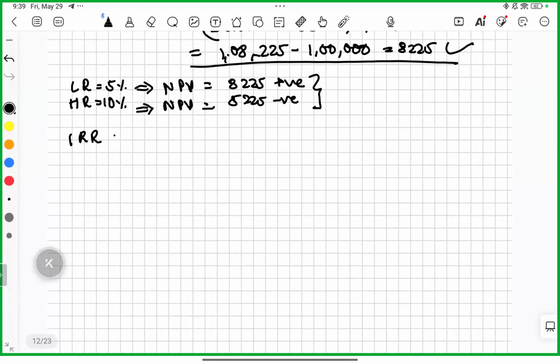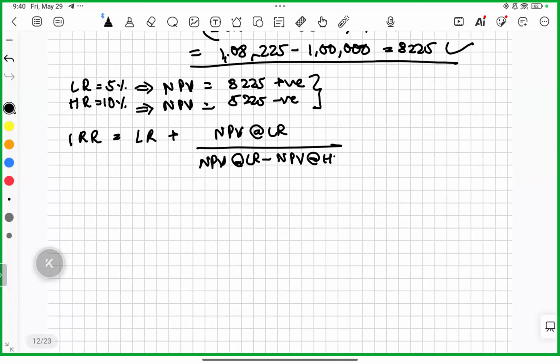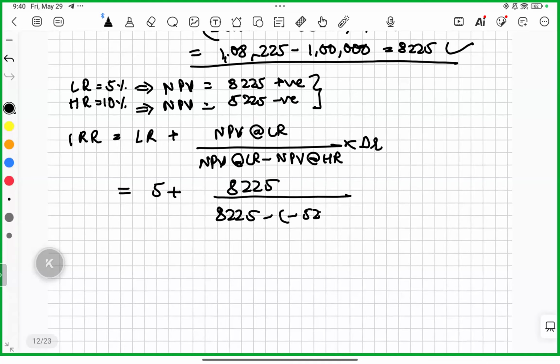Let us find out IRR is equal to lower rate plus NPV at lower rate upon NPV at lower rate minus NPV at higher rate, into delta R. Lower rate is 5%, NPV at lower rate is 8225 upon 8225 minus, minus 5225, into 5.